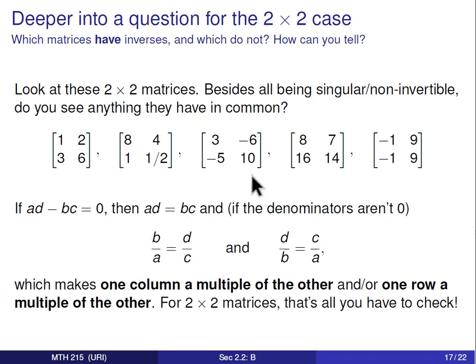Or if you take the numbers in the second row and divide them by the numbers in the first row, you'll see that they have the same ratio. So one column is a multiple of the other, and one row is a multiple of the other. For 2 by 2 matrices, these are two different ways of deciding whether a matrix is singular or non-invertible. You can recognize that there is no inverse if one column is clearly a multiple of the other.